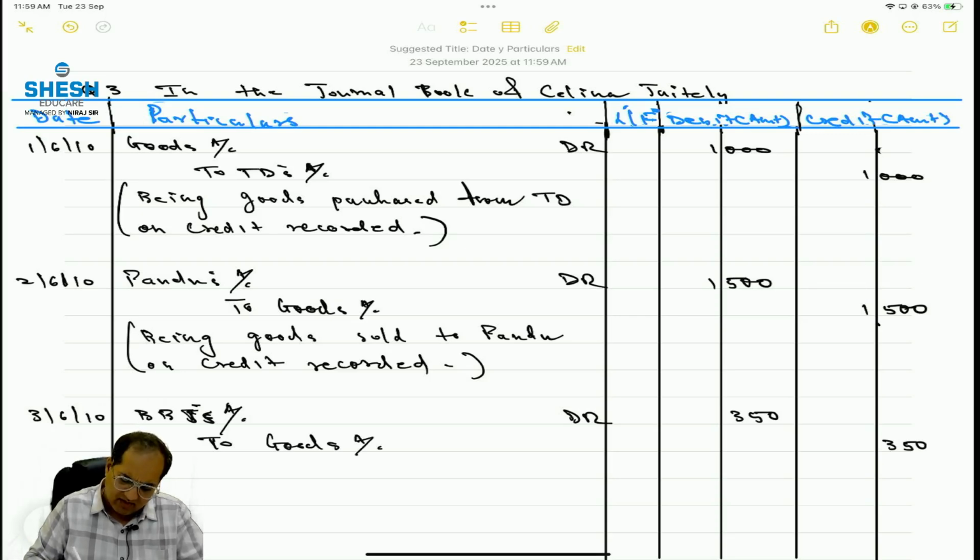What will we write in the narration? The same: being goods sold to B. Bairamji on credit.